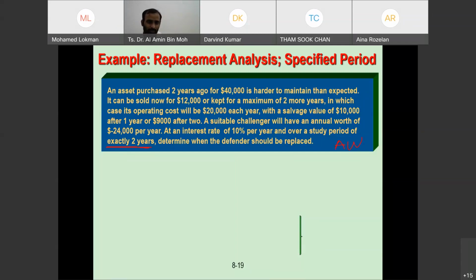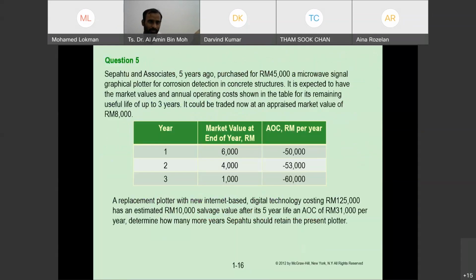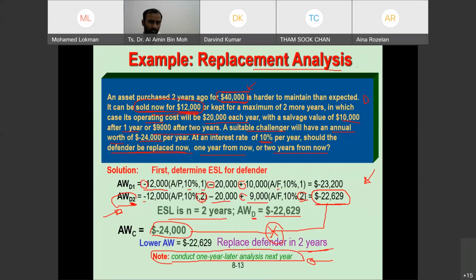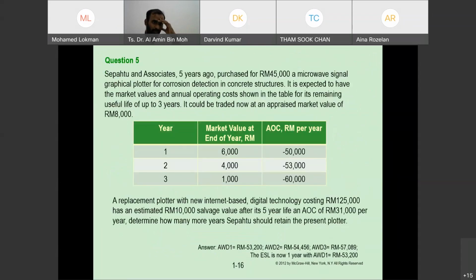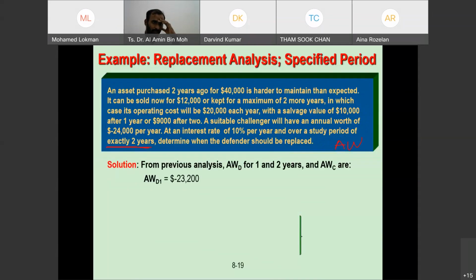But we calculated before, right? So we just took this information from the example. From the previous analysis, AW of the defender for 1 and 2 years and AW of the challenger are 23,200, 22,629, and AW 24,000.